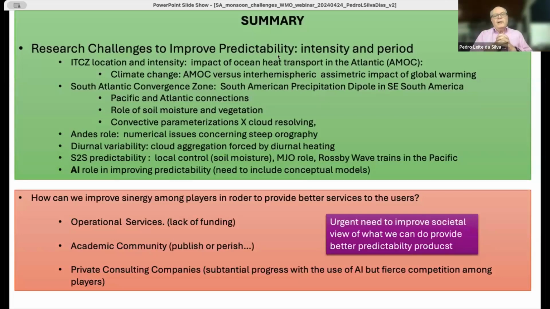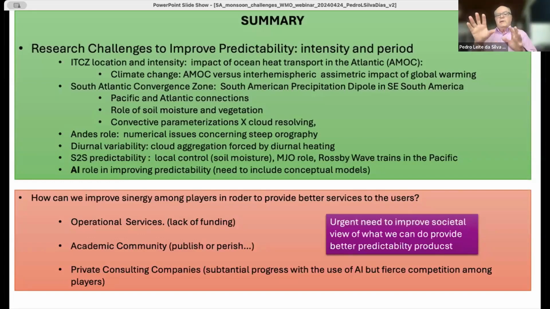So to summarize, research challenges to improve predictability, intensity, and period. In other words, the breaks and the length of the rainy season are very important, and seem to be related to problems in the ITCZ location and intensity, and the AMOC, as I mentioned before. Climate change poses a significant problem there because of the AMOC versus interhemispheric asymmetric impact of global warming.